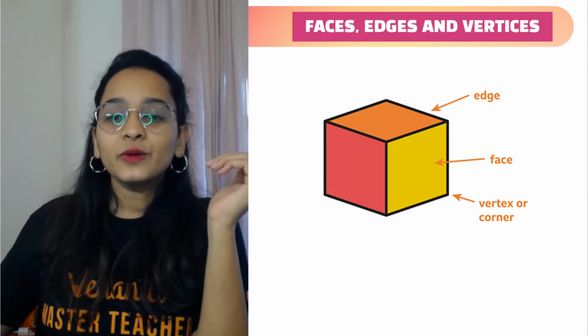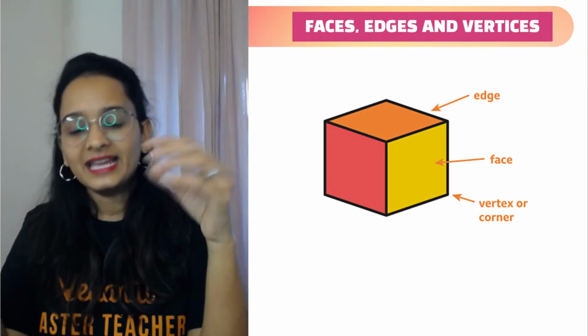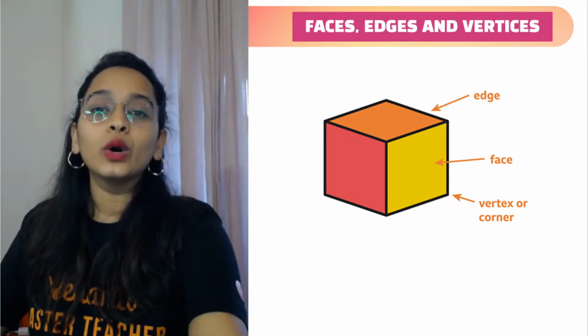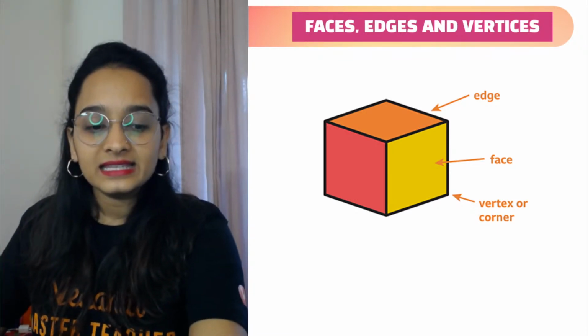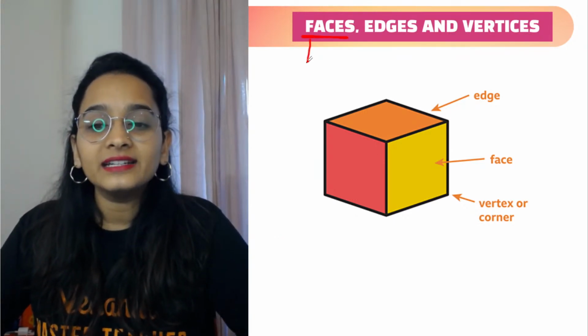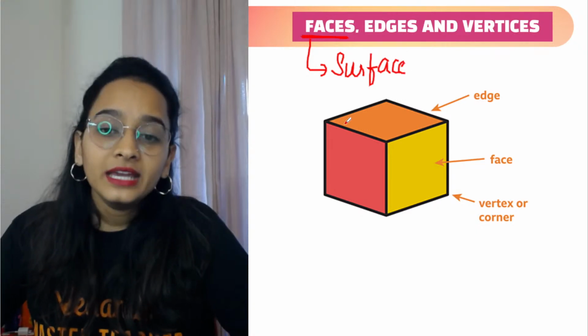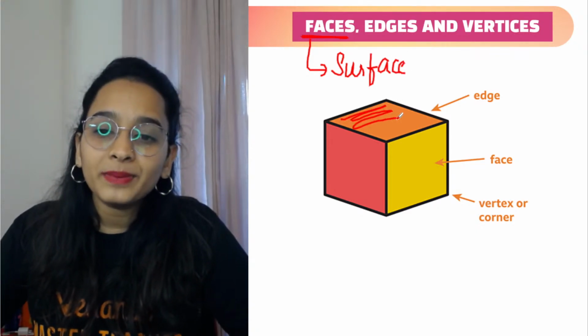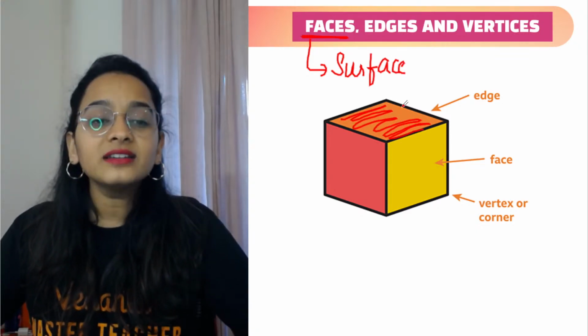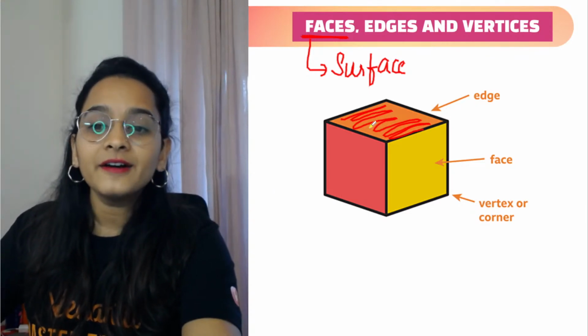Anyways, when I talk about a 3D shape, it is made up of faces, edges, and vertices. Face is nothing but the entire surface. This entire space that you are able to see is called a face.